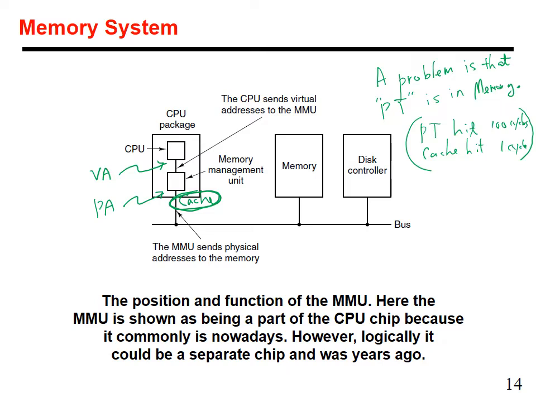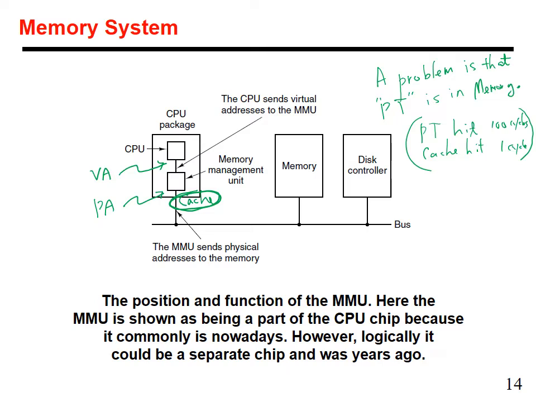I noted one problem on the right-hand side of the slide. The problem is that the page table is in memory. Which means that the memory management unit, in translating the virtual address to the physical address, already has to go to the bus to access the memory, because the page table is in the memory.